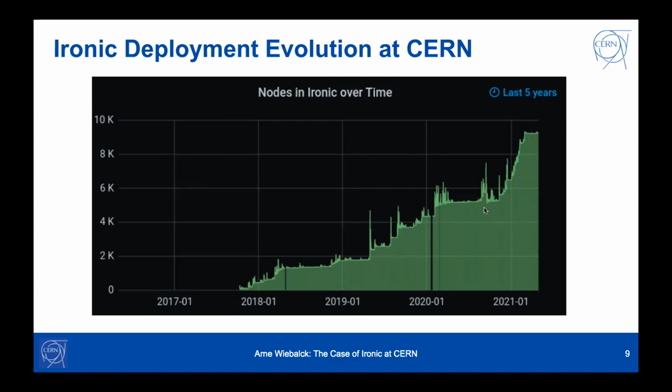Then at the end of 2020, beginning of 2021, we have this very steep increase. This is due to the adoption that I mentioned earlier, where we integrated production nodes that we had before Ironic into Ironic. The idea is that services that had nodes already in the data center before Ironic was there can now manage them the same way as all the servers they have bought since Ironic was introduced.